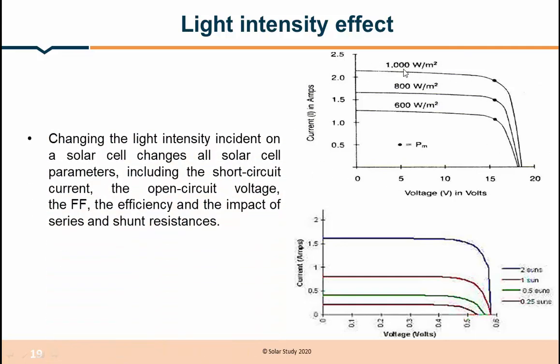See, for the first curve this is 1000 watt per meter square, they have considered around 17 volt. It contains more number of modules or cells, and the short circuit current is 2.3 ampere. When the intensity of light decreases, current starts decreasing, and voltage also decreases, but by a small amount, not as big as the current change. When it reaches again, the IV curve changes. So mainly light intensity will affect my short circuit current in a much higher way than open circuit voltage, in a slower manner.